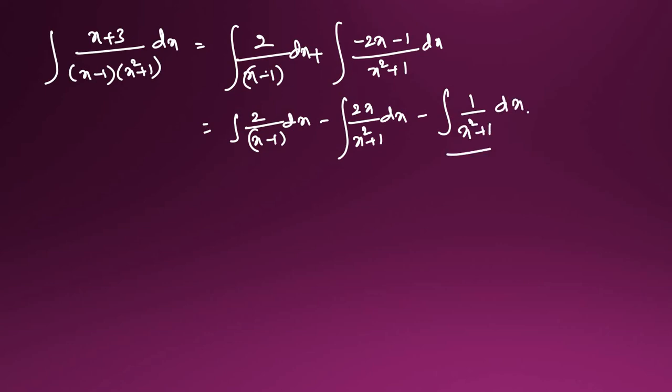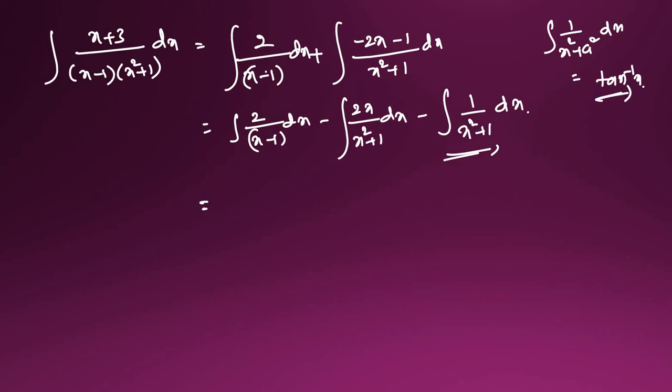So see this one: integral 1 by x square plus a square dx, we can write it as tan inverse of x. So this will come here. Now how much will come here?